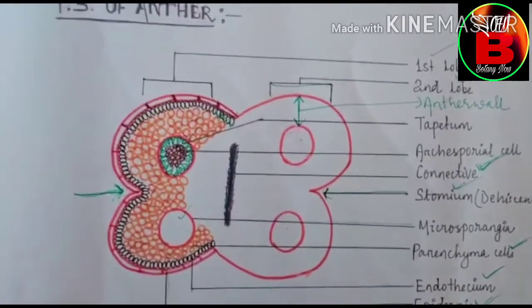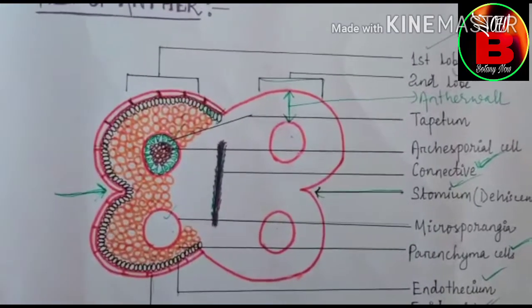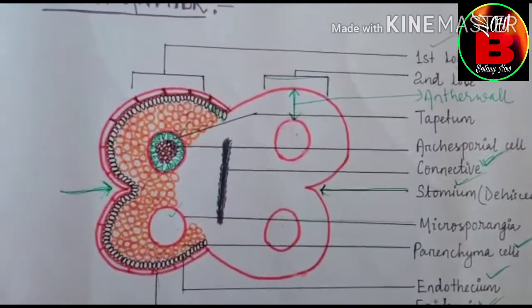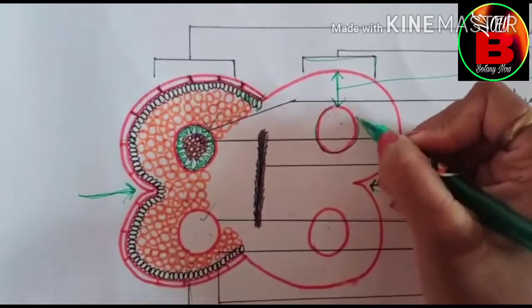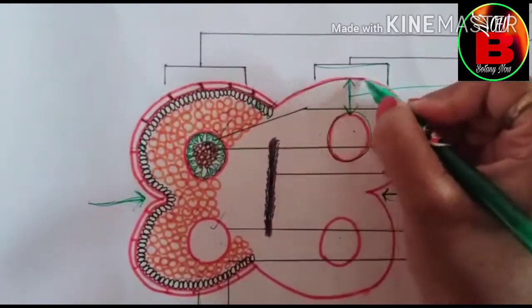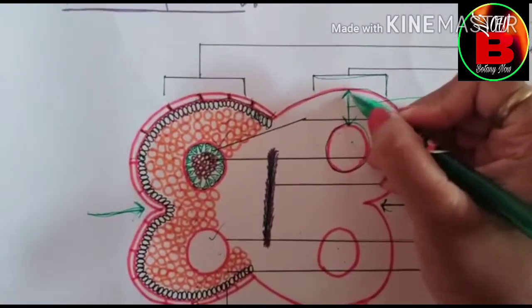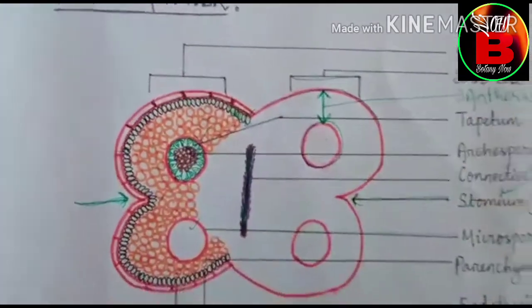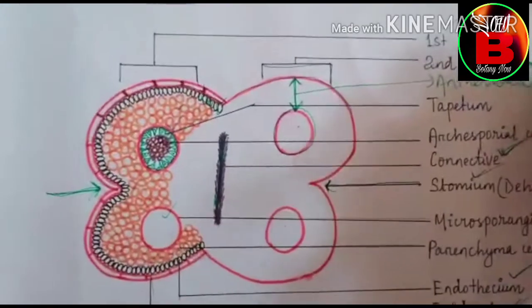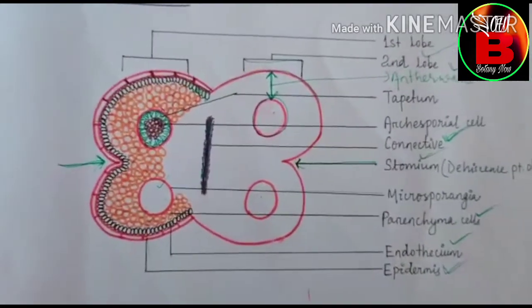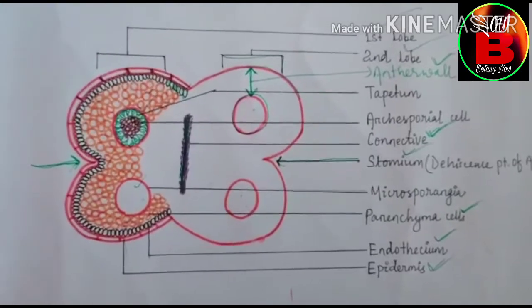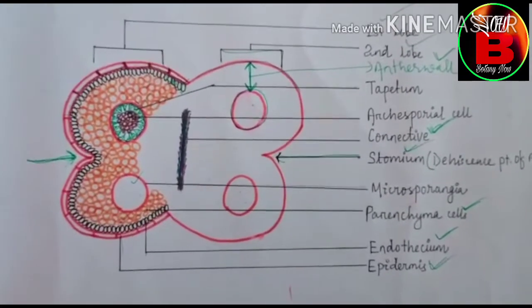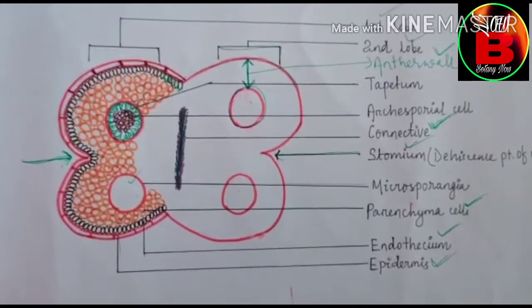Then the space between the microsporangia and the anther margin is called the anther wall. This anther wall consists of four layers of cells. What are those layers?